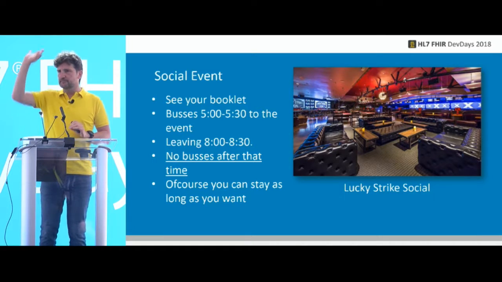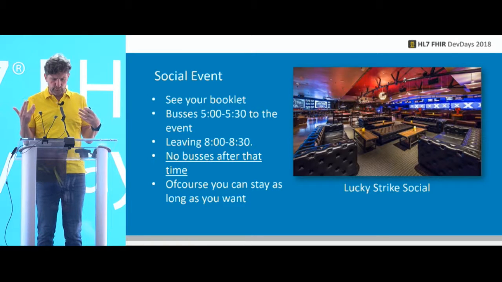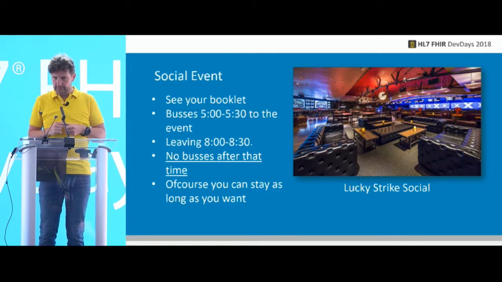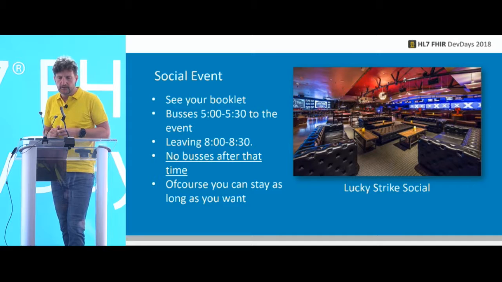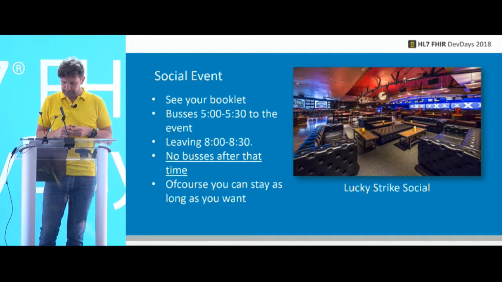There will be buses downstairs, outside the doors, from 5 to 5:30, transporting you to the Lucky Strike social event. You can, of course, get there all by yourself if you want. It's not too far from Fenway Park, but there will be buses here downstairs leaving between 5 and 5:30.